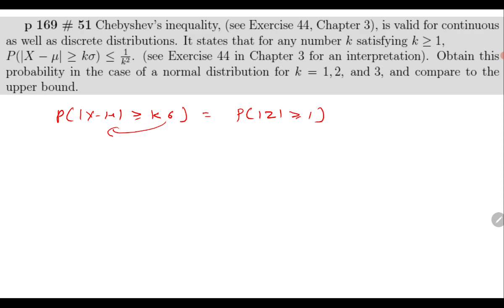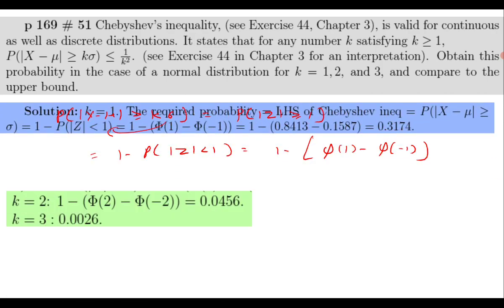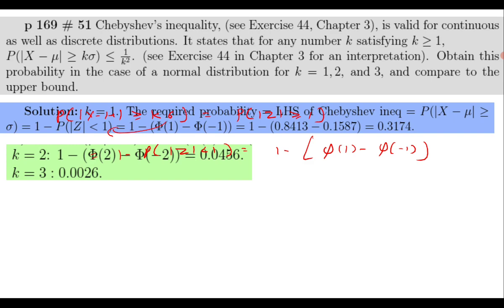If k is 2, it becomes greater than or equal to 2. We have already seen in a previous question how to solve this one. So this becomes 1 minus phi of 1 minus phi of minus 1, and rest is straightforward. Similarly, you can try for k equal to 2 and 3 and verify the answer.